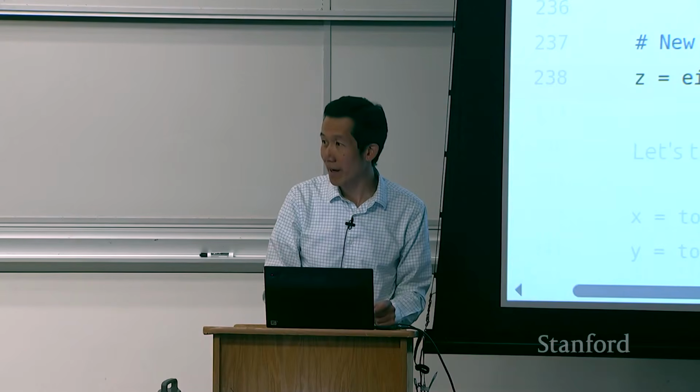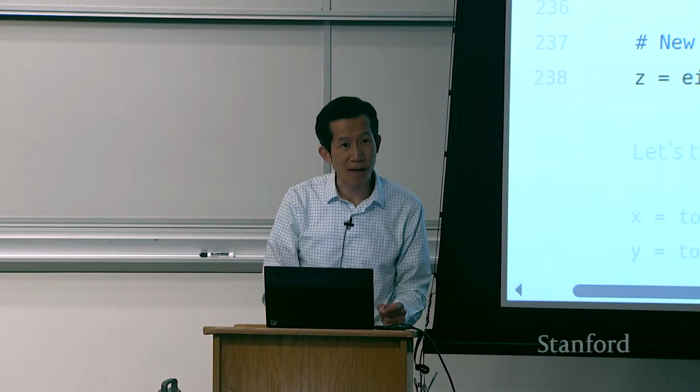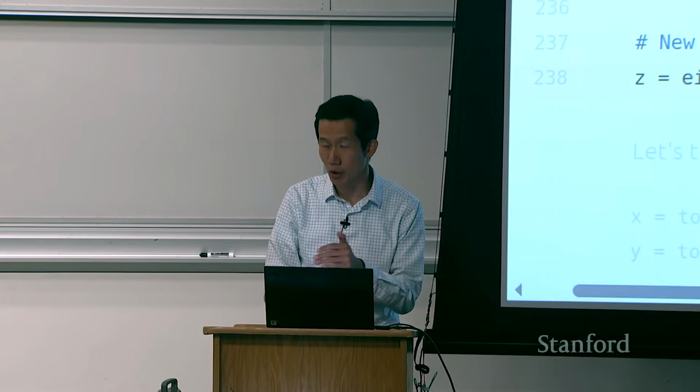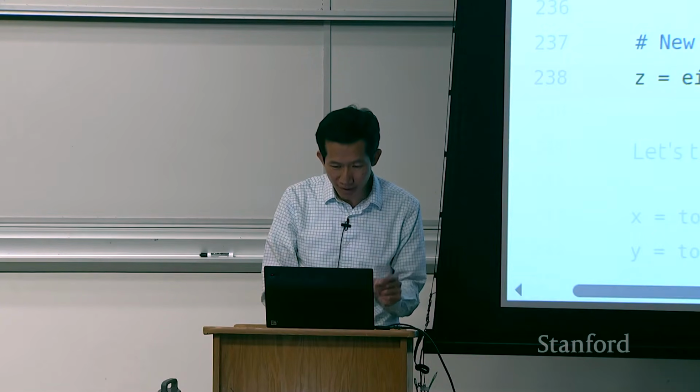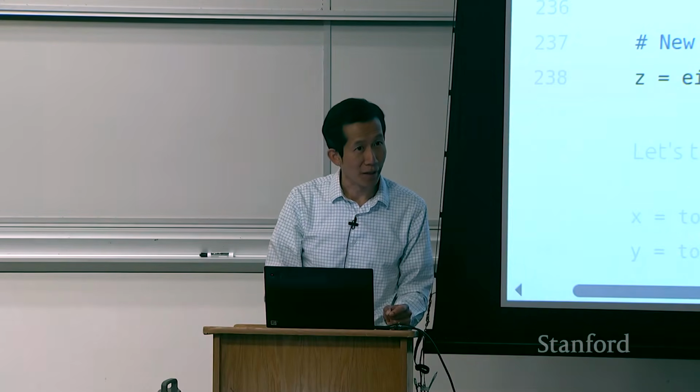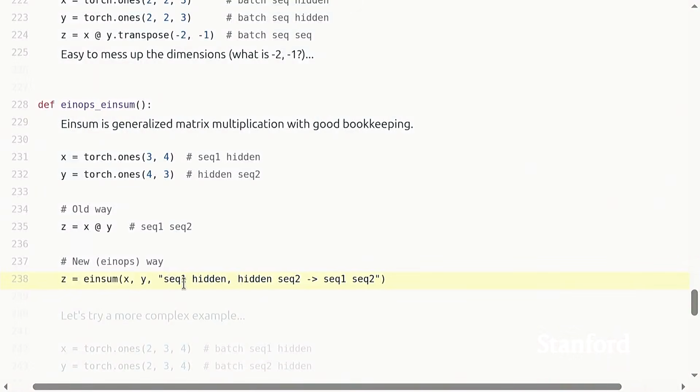Okay, and then on the right side, I basically specify what the names of the axes should be. And generally, the labels over here are going to be a subset of the labels over here. Right? So if you remember in matrix multiplication, if you have ik and kj, that goes into ij.